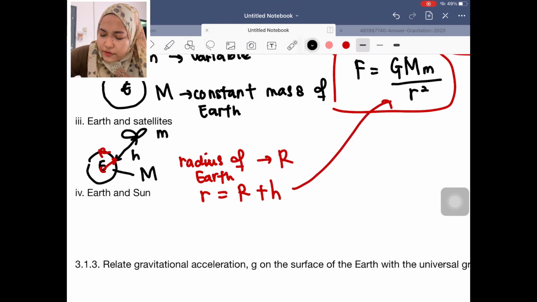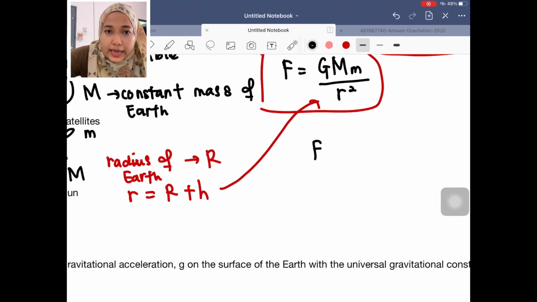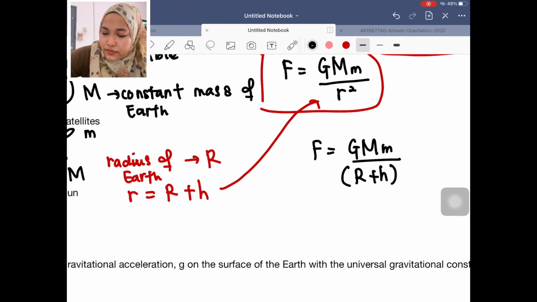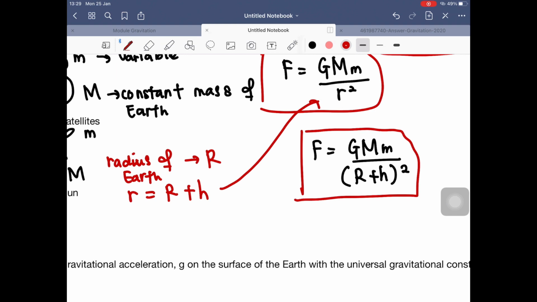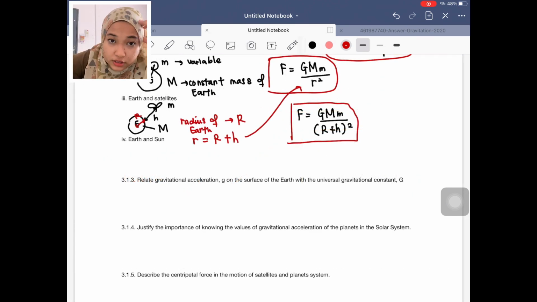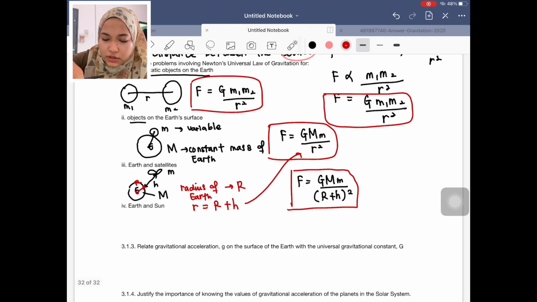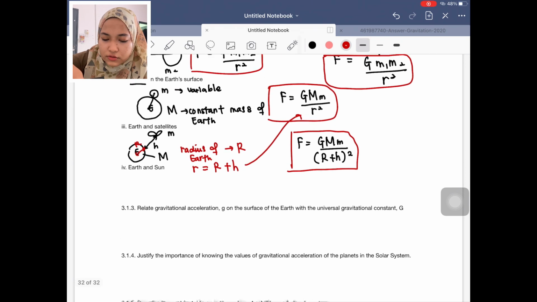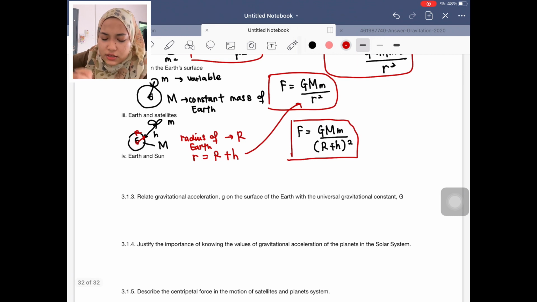So after that we can plug into the formula. So we have F equals to G m over R plus h squared. Okay, so next, the force between the earth and the sun.